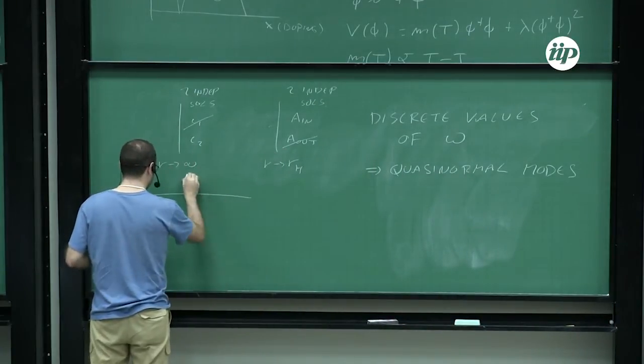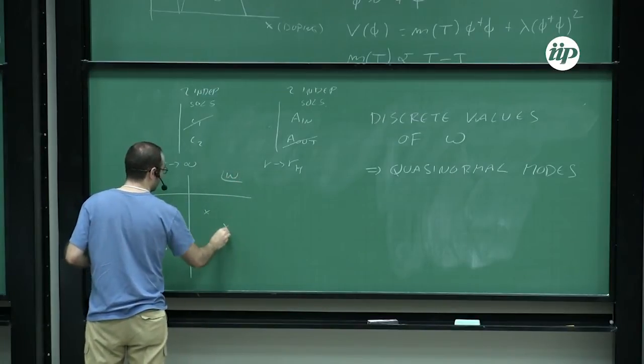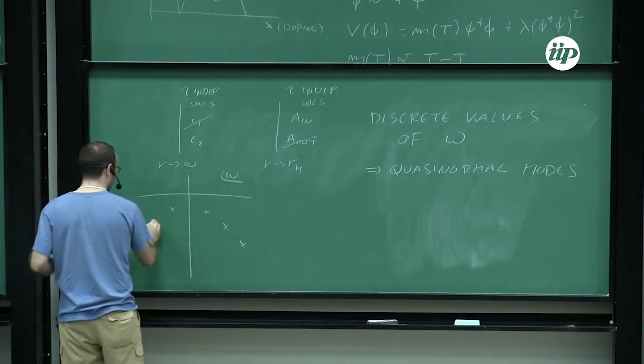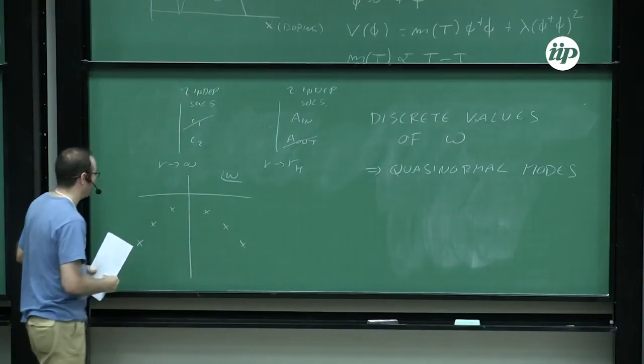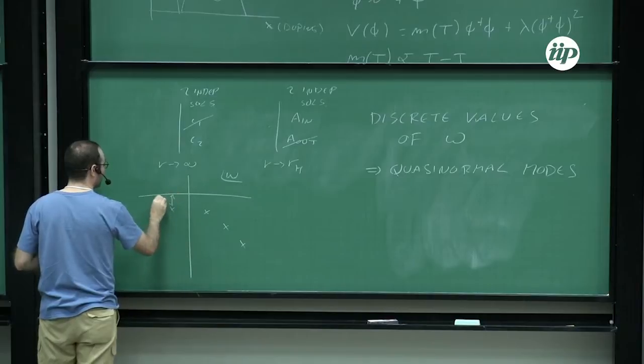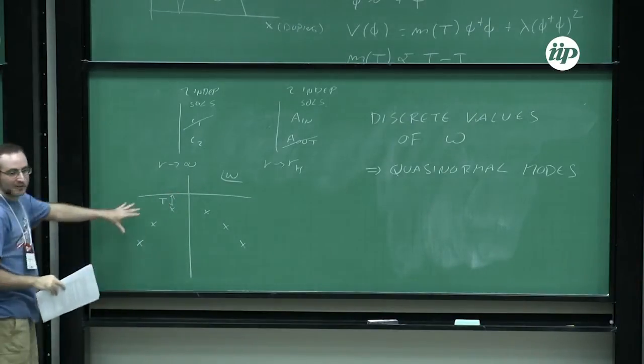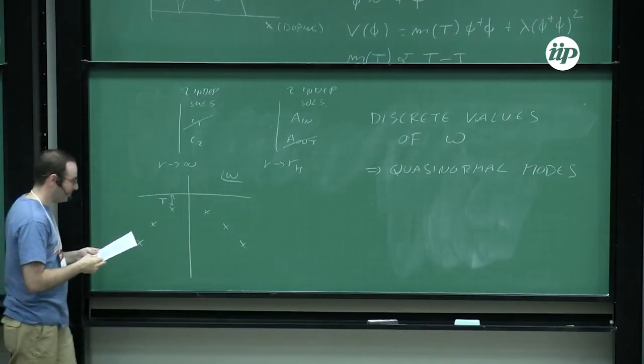So if you plot these quasi-normal modes in the complex frequency plane, usually they are located on the lower half plane at some distance from the real axis, which is of order of the temperature. This is the typical situation when you don't have any match, for instance.